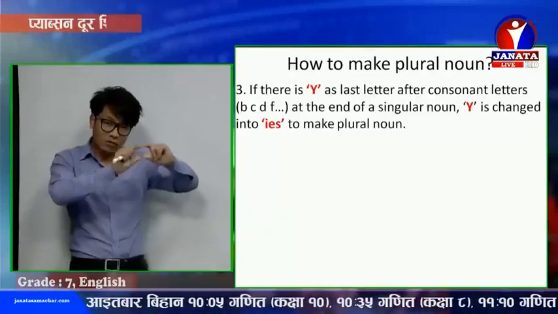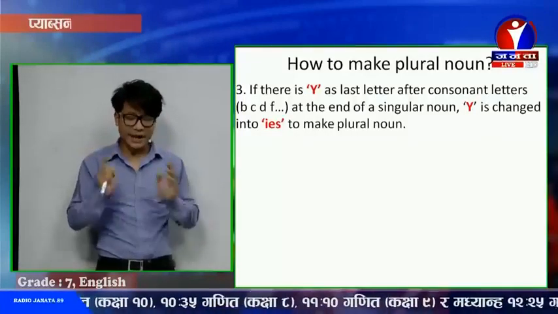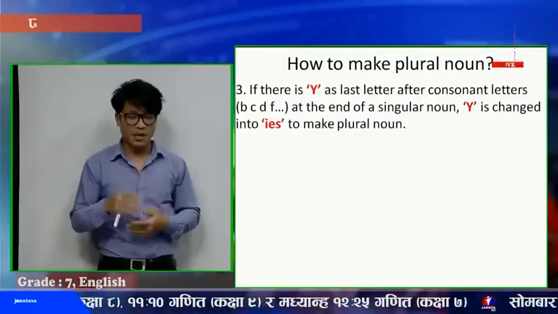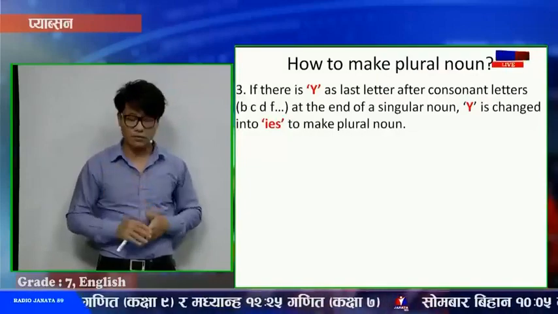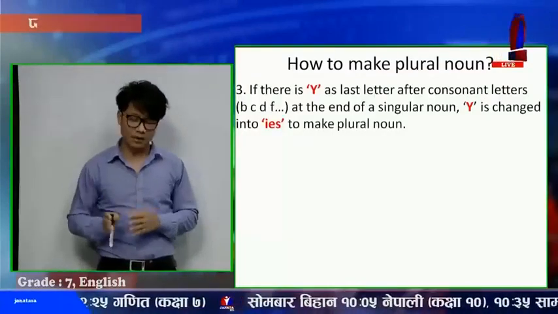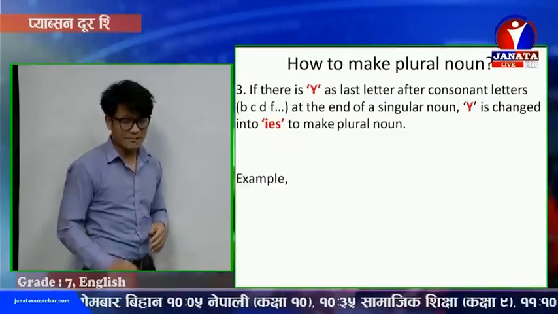Let me say this rule again. If there is a Y as the last letter after consonant letters at the end of a singular noun, Y is changed into IES to make a plural noun. So let's have more clarity with an example.